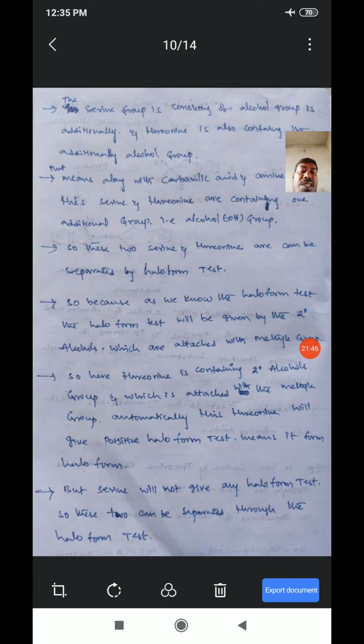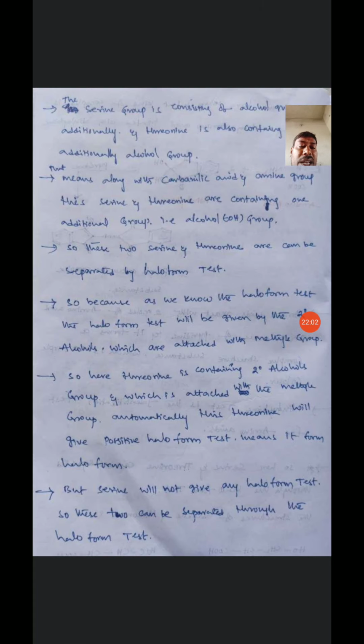The iodoform test is given by secondary alcohols which are attached to a methyl group. Threonine contains a secondary alcohol group attached to the methyl group, so threonine will give a positive iodoform test, that is, it forms iodoform.